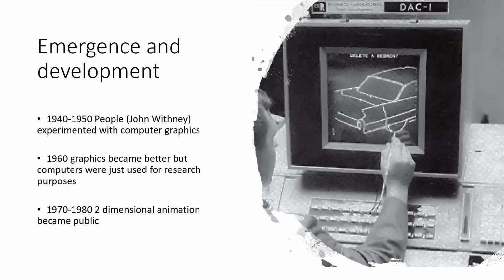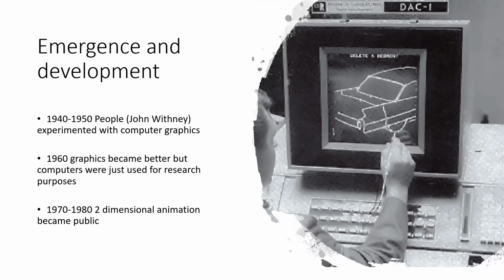Emergence and development of 2D animation. Between 1940 and 1950, people like John Whitney experimented with computer graphics, and then in 1960 the graphics became better, but the computers were just used for research purposes like science or doctors.